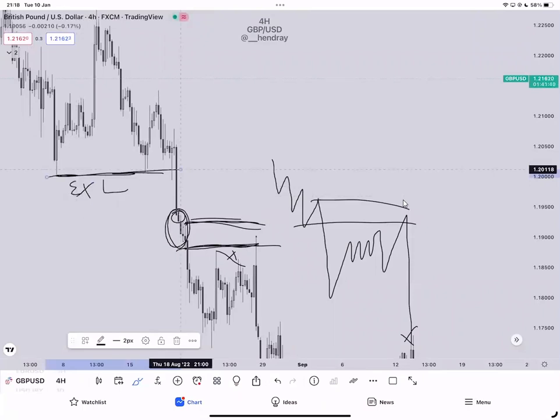So all these tiny structures you see are all range structure. Because this guy is left unmitigated, that is another thing, imbalance before it, we are coming to that. So price was able to pull back, induce all these other range structures as liquidity, then come all the way to that last supported base. So that is just range structure mitigation.